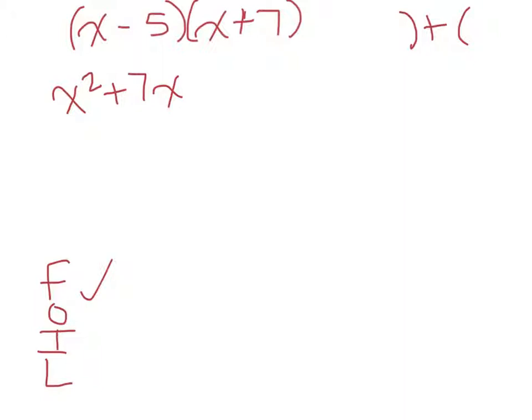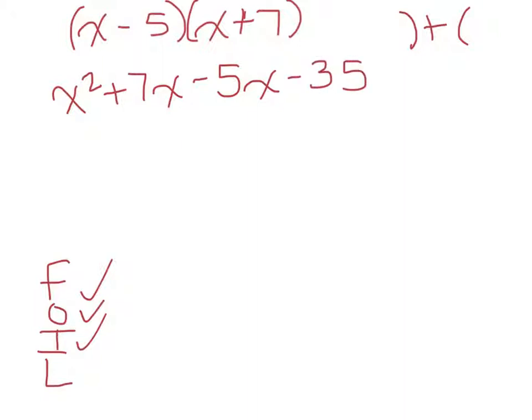Now the insides. So negative 5 and x gives us negative 5x. And then we'll go ahead and do our lasts. So the last term in this polynomial is negative 5, and the last term in this polynomial is positive 7. So negative 5 times positive 7 is negative 35.